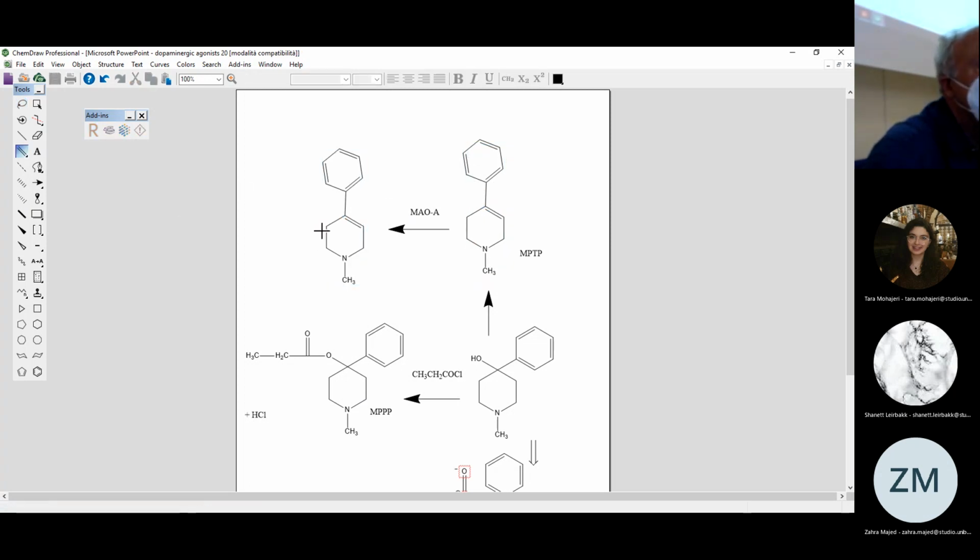So we have this situation with a positive charge on nitrogen. There is a positive charge here. And this compound is called MPP+.